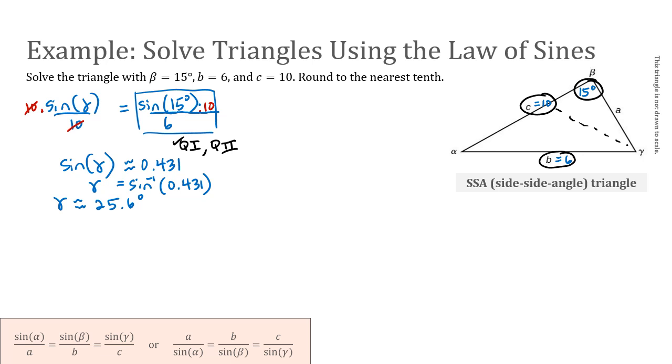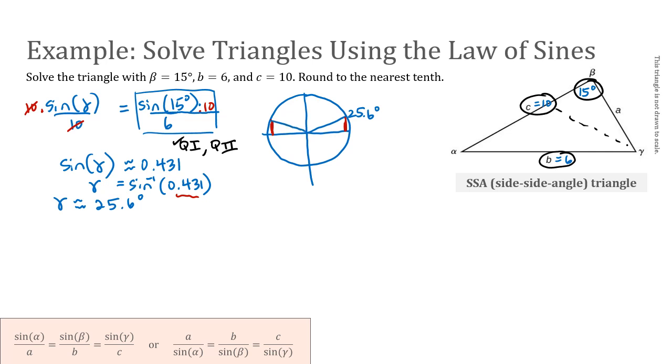Now, to find the quadrant 2 answer, I need to remember how to do that. Let's sketch out a circle here. If I have the 25.6 degrees over in the first quadrant, the sine of 0.431 is the height. That height is also over in quadrant 2.